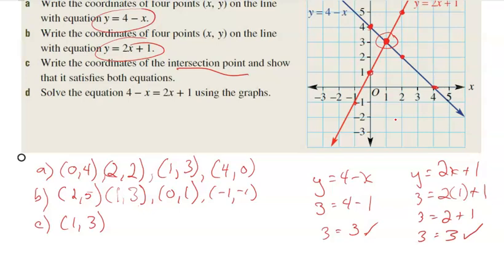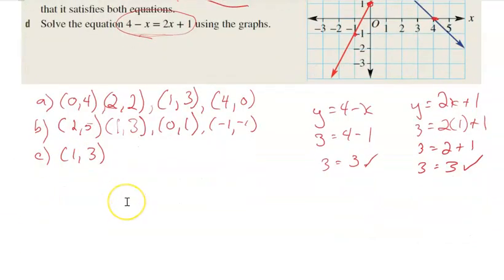And finally, solve the equation using the graphs. We're essentially saying that if y equals 4 minus x, and y equals 2x plus 1, then they should be equal to each other, and we can solve for x using that truth. So for D, we have 4 minus x equals 2x plus 1. We want to get all our x's on one side, and I like to keep my x's positive, so I'm going to add an x to both sides.